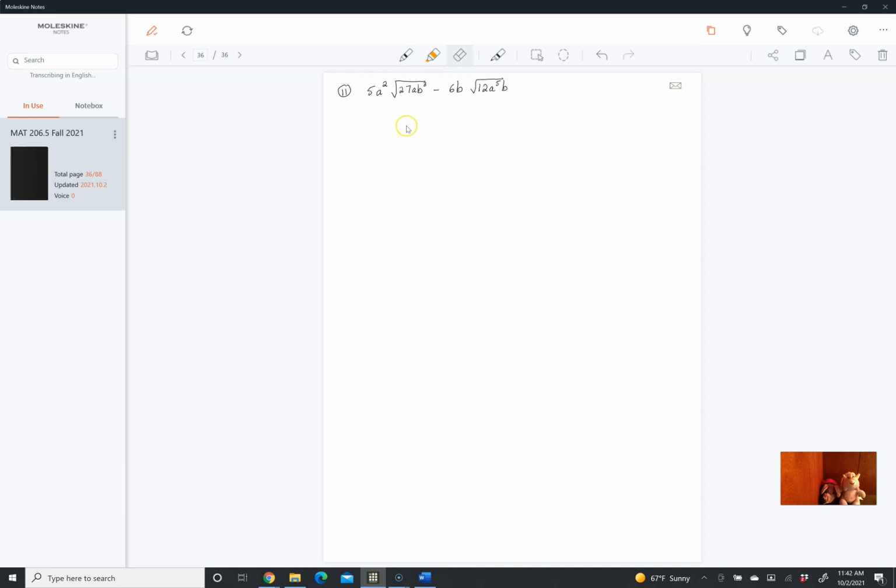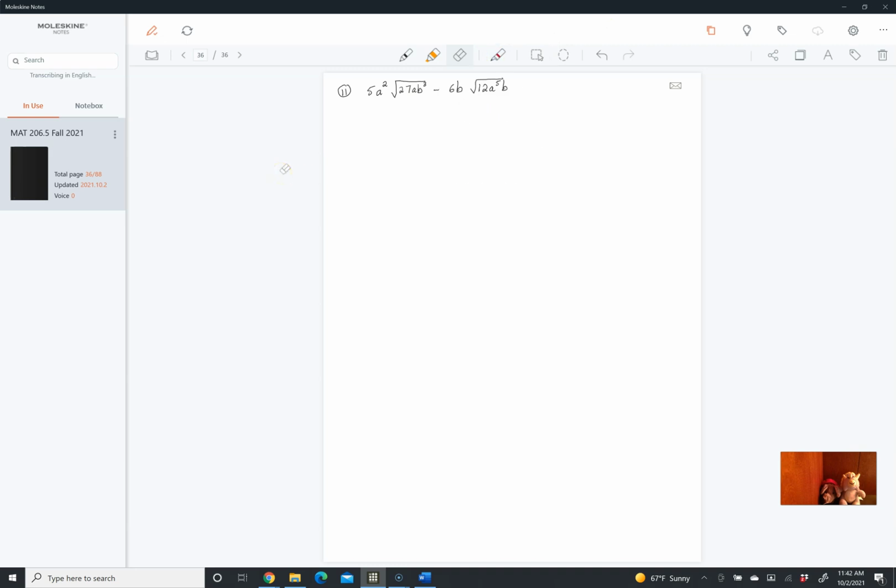So here we check the index. The index is the same. It's a 2. When there is no index, it's a 2. So we can move on. So our next step is to simplify. Okay. And these are square roots. So we're looking for perfect squares. And then our what's left over for each one.